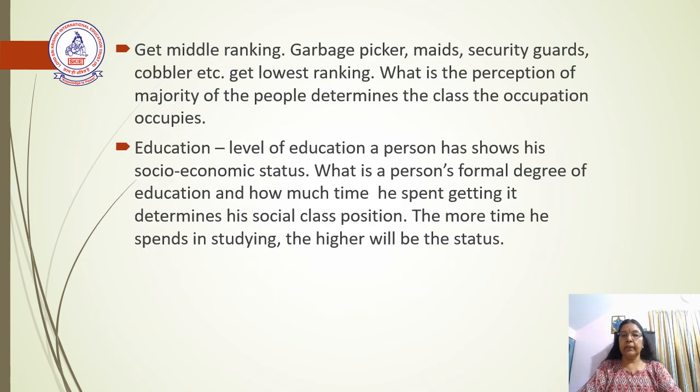Whereas jobs like maids, security guards, cobblers, garbage pickers, these jobs are considered very low in society. So, what kind of job we are holding determines our social class. How our job is perceived by the society people determines our social class.